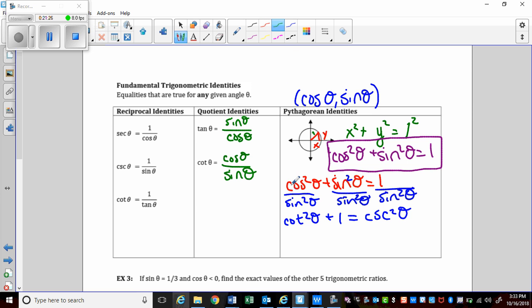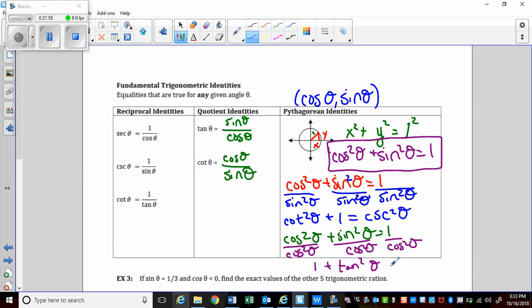Alrighty. If we started with our original one, and divided by cosine instead of sine, then cosine over cosine is 1. Sine over cosine is tangent. 1 over cosine is secant. And those are our identities.